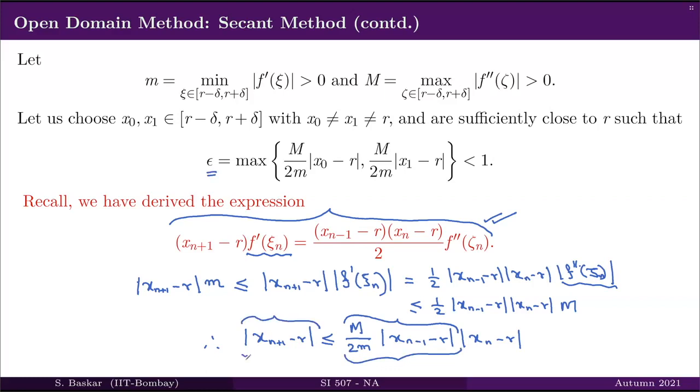Remember, this term is the error involved in x_{n+1} when compared to the root that we are interested in. That is why we chose our x0 and x1 in this way.